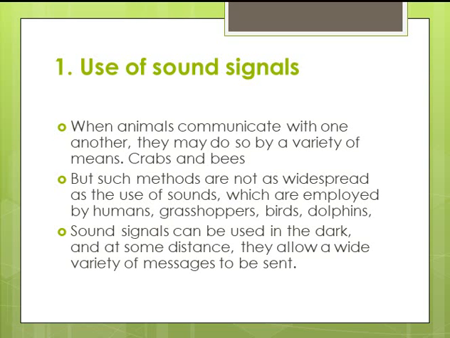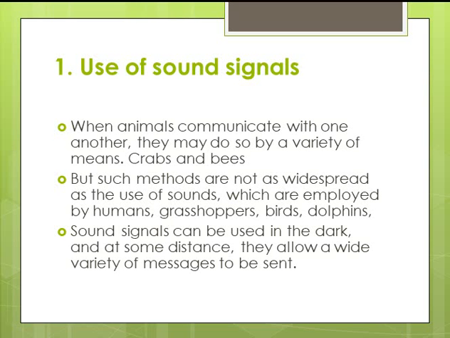However, human beings can use these sound signals in a very wide variety. Human beings can use them in the dark, at a certain distance, in different situations, to talk about the past, the future and the present time.